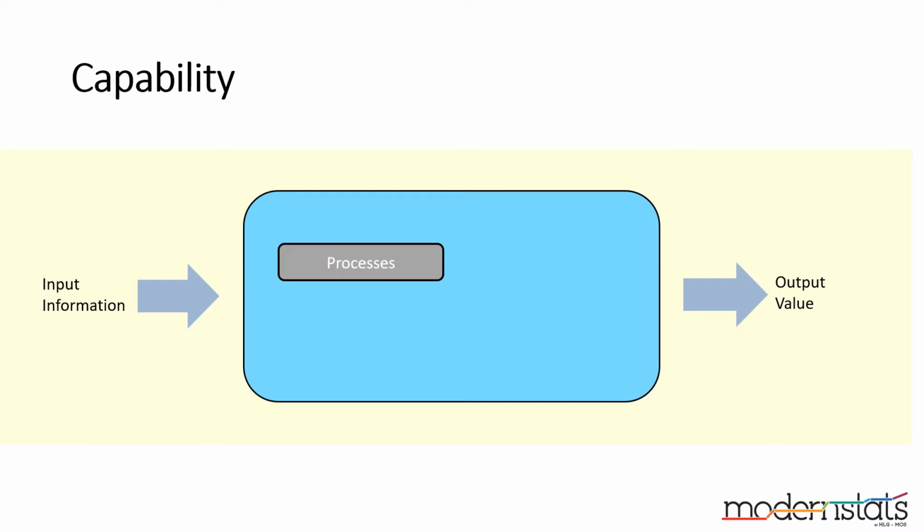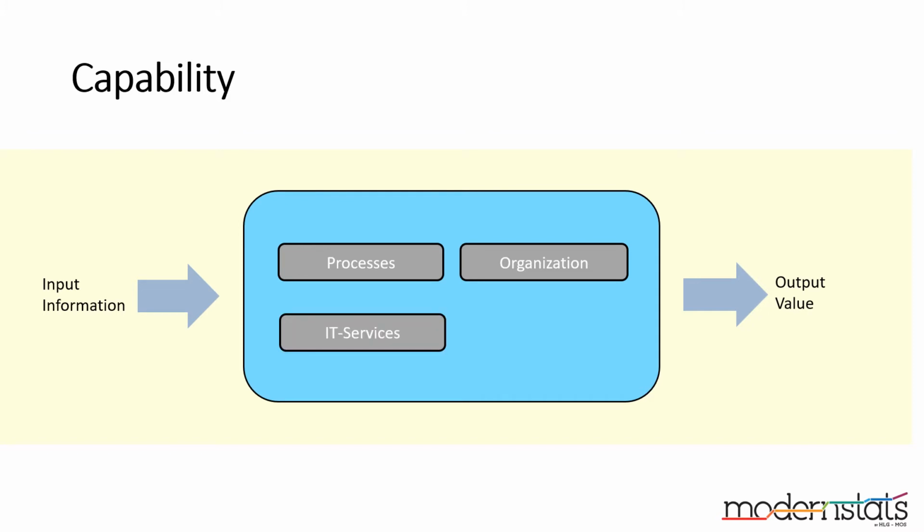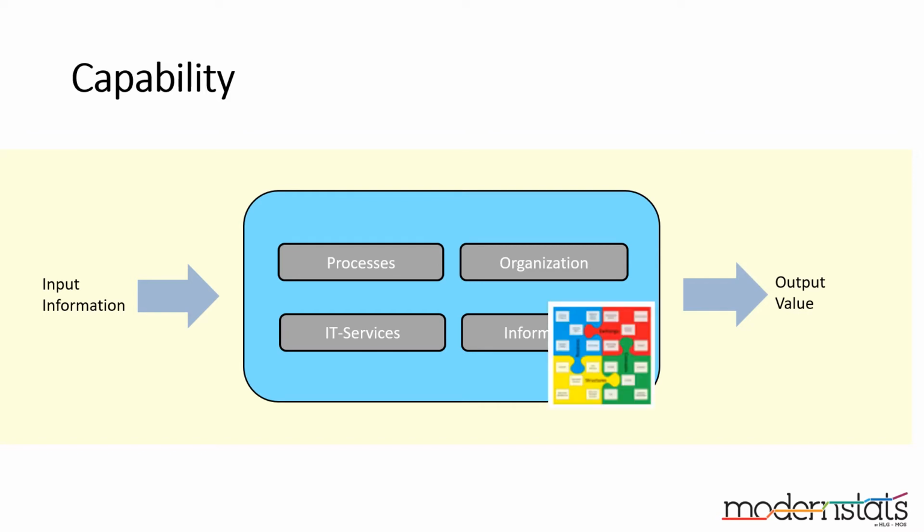And to do that, a capability uses processes and organization. There are people working inside capabilities. We have IT services helping us to create the value, and a capability is also responsible for information, and that's where, of course, GSIM comes in.